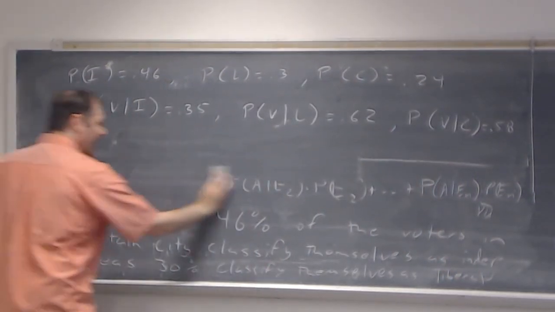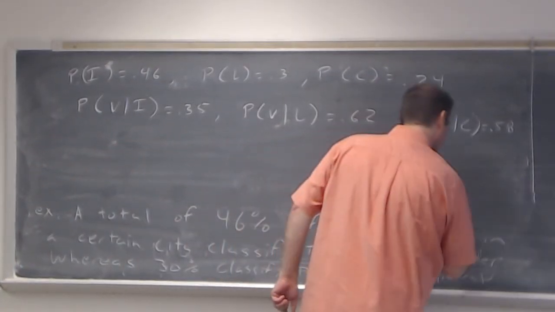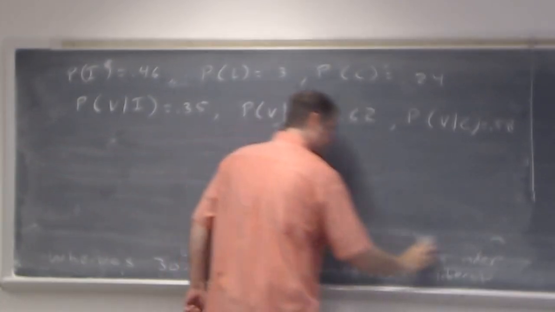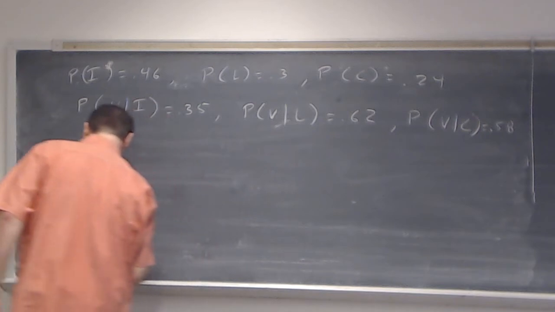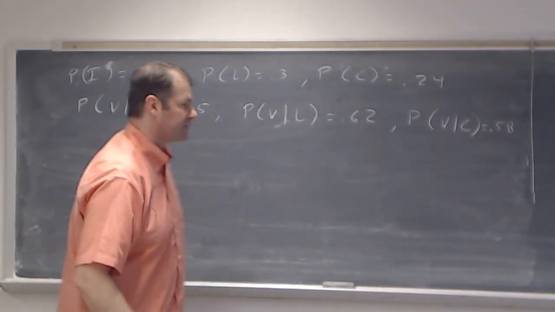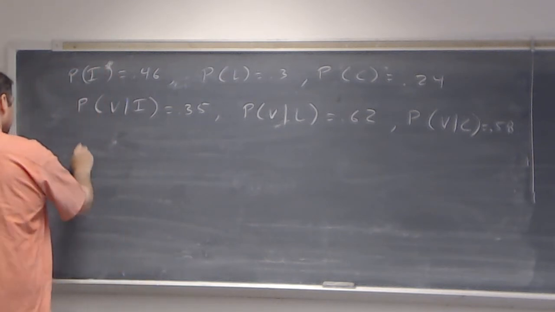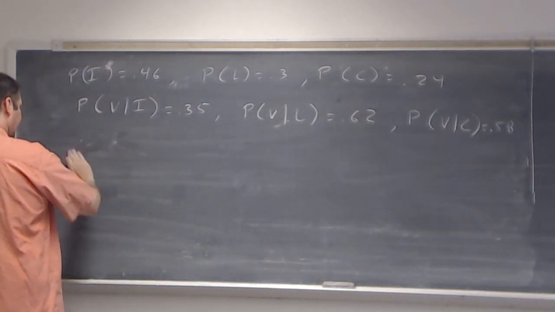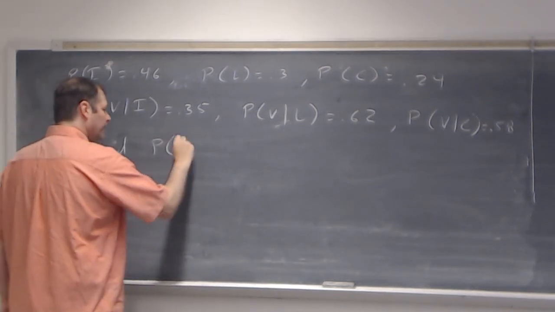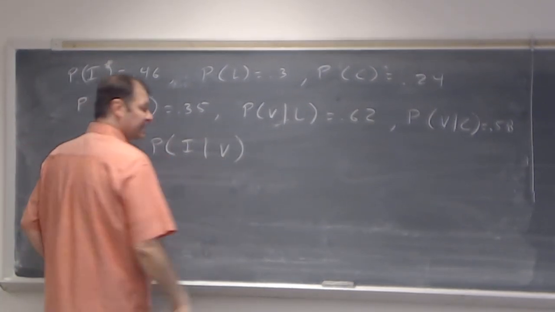And what did the problem ask me? Well, we got this voter at random, and they asked, what's the chance that they were independent? So the question is the probability of independent given that you're looking at a voter.